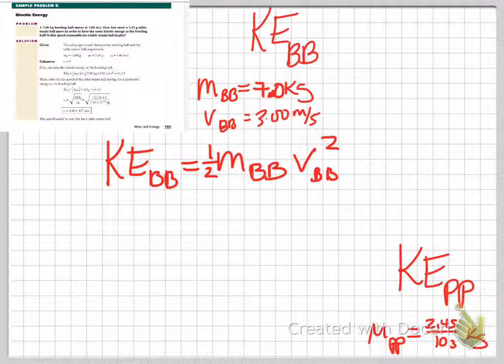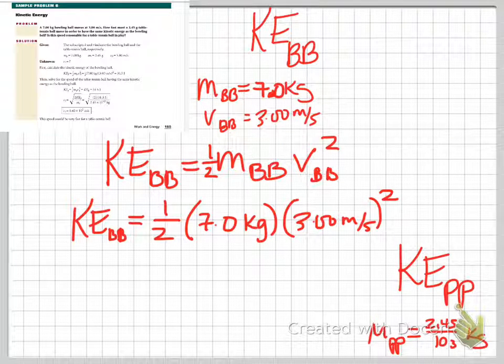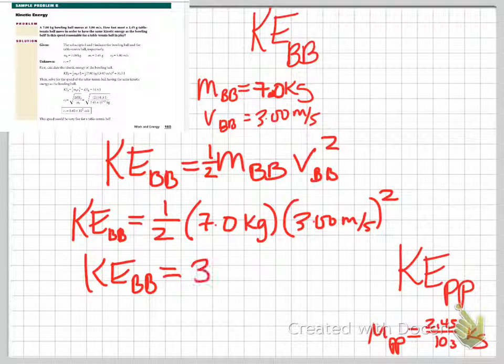So KE equals 1/2 mass velocity squared. Let's plug in our numbers. Okay, so we've got our plug-ins done. We find that the kinetic energy of the bowling ball is 31.5 meters squared kilograms over second squared. What? Look at the units for kinetic energy.